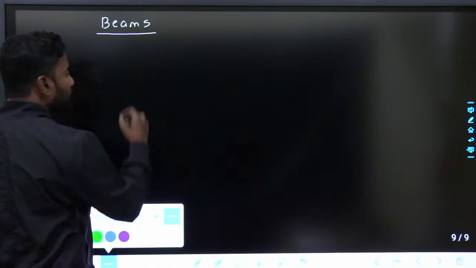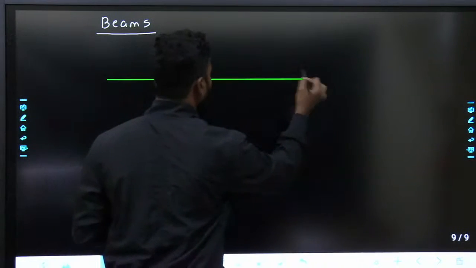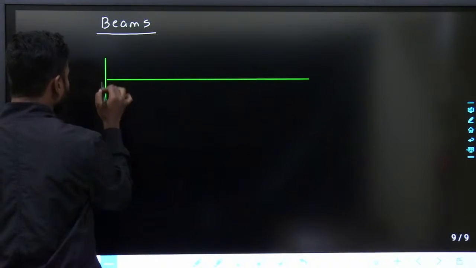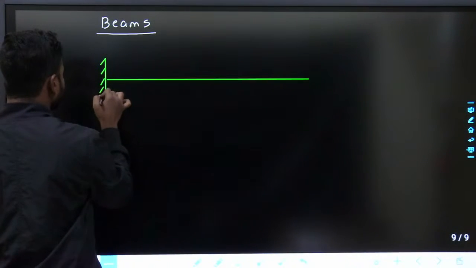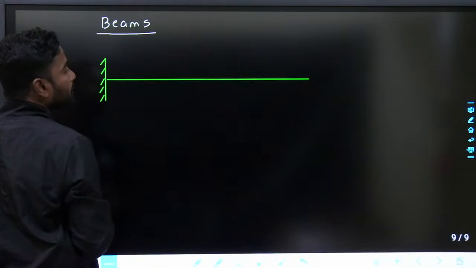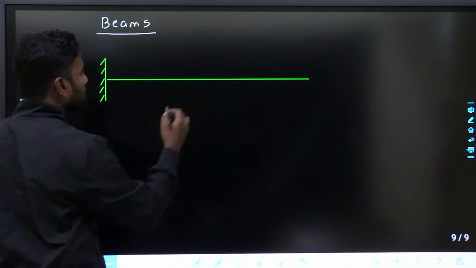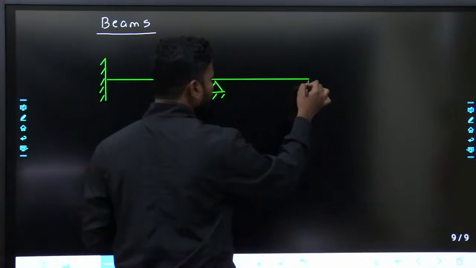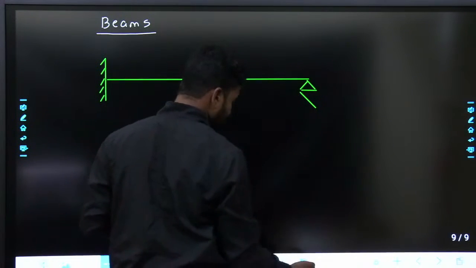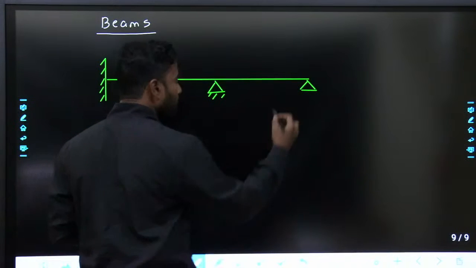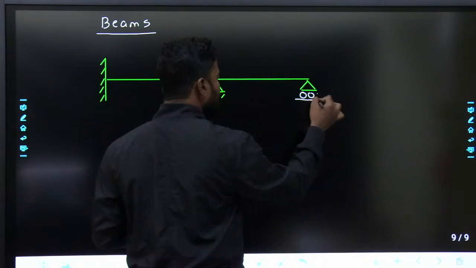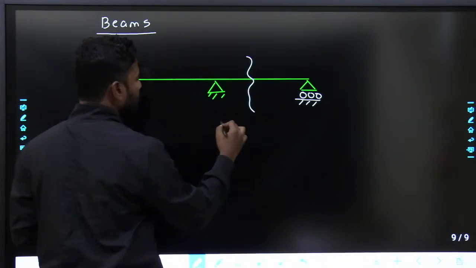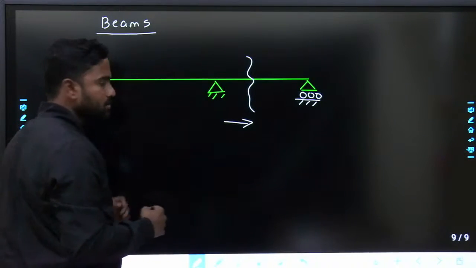So in the beams, if I see something like this, if let us say there is a beam something like this, fine. And if I talk about the forces in the member of the beams, there will be axial force, something like this, right?